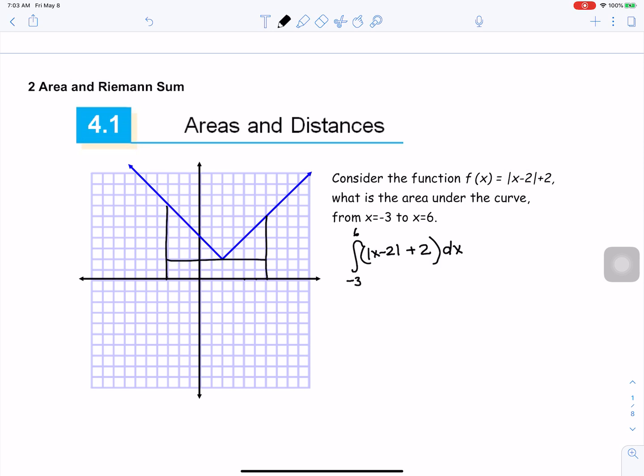Now what I can do with this area is break it up into 3 sections. I can call this area 1, area 2, area 3, and then my total area under the curve is going to be A1 plus A2 plus A3. I have 2 triangles, so the first triangle is 1/2.